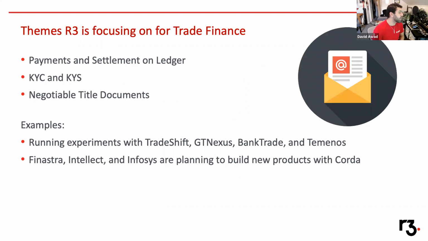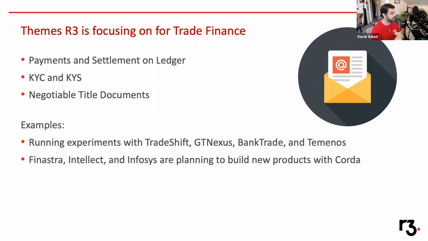R3 as a company has been thinking about trade finance quite a bit this quarter. Some of the big themes you might see where blockchain can be really useful are things like payments and settlements that are on ledger, know your customer and know your supplier laws, and negotiable title documents. We've been running experiments with groups like TradeShift, GT Nexus, Bank Trade, and Temenos.